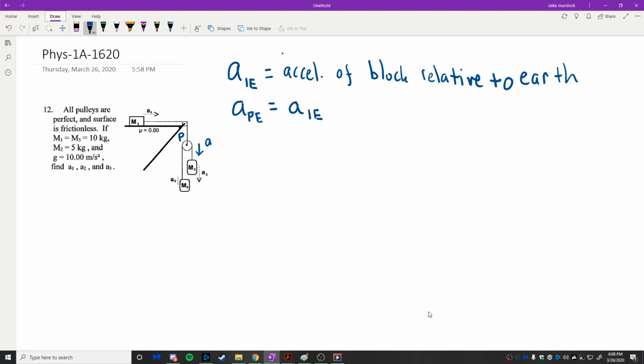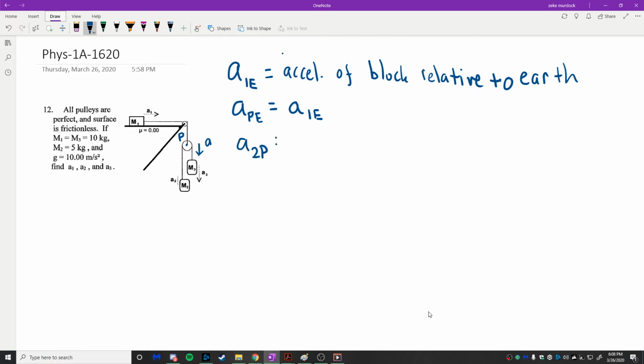And let's talk about these two right here and think about what's going on. This acceleration and this acceleration, we can think about in multiple different ways. We could talk about the acceleration of block 2 relative to this pulley right here.